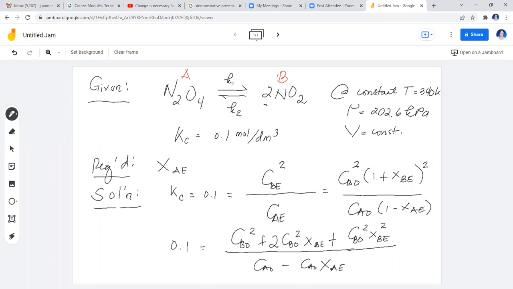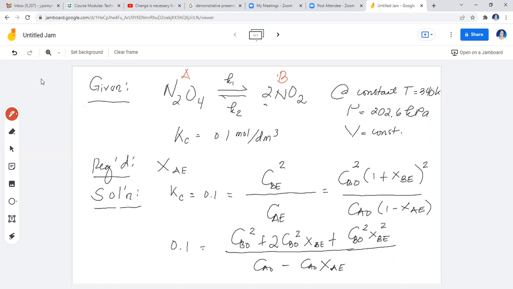Now, based on stoichiometry, what do you have then? Do you have CBO initially present? Based on the given problem, do you have CBO initially present, Aina?